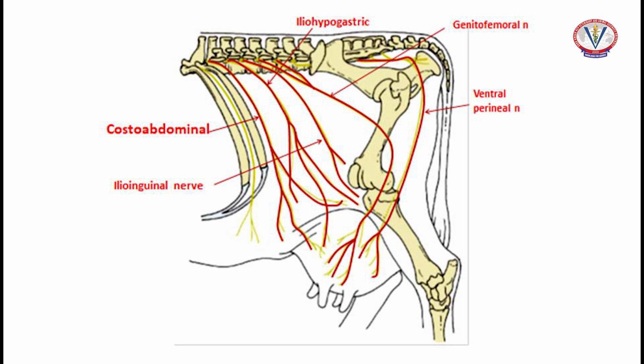The nerve supply to the abdominal wall is mainly by the ventral branches of the last thoracic, that is T13 or costoabdominal, first lumbar L1 or iliohypogastric, and second lumbar L2 or ilioinguinal nerves.